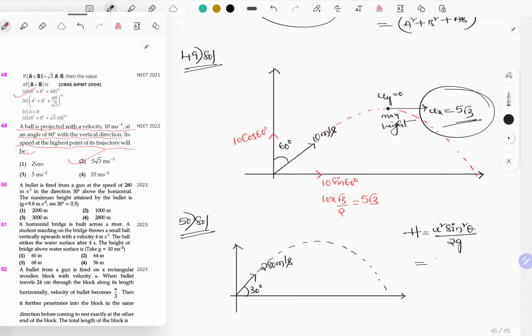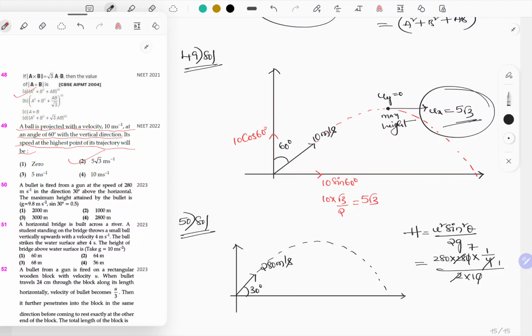So u value is 280 into 280 into sine square theta. Theta value is 30 degrees. Sine 30 is 1 by 2, so sine square is 1 by 4, divided by 2 into the g value. Let me consider it as 10. So the 10 will get cancelled. 4 ones are 4, 7 ones are 7.